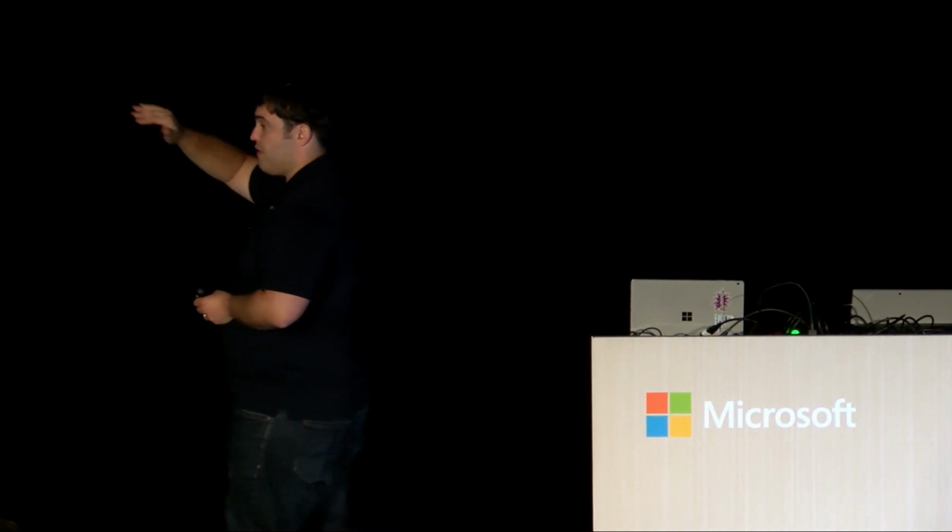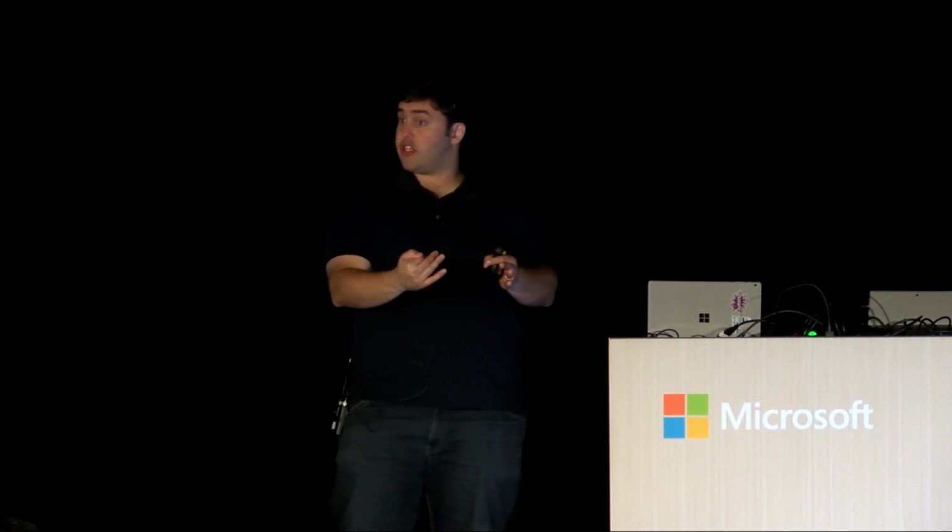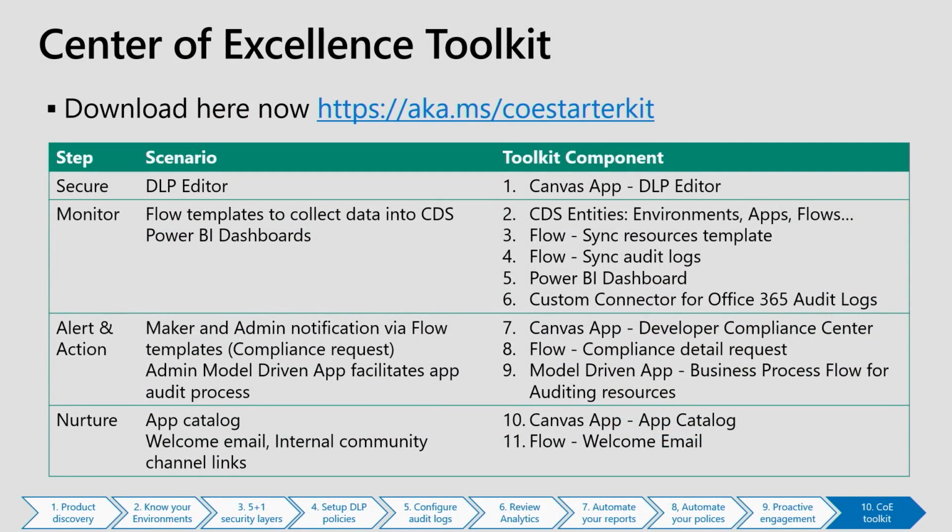They've pulled it into a single download that you can go pull down. I would suggest these are some of the more advanced scenarios that we've talked about. There's a flow here that has a custom connector to the Office 365 audit logs, those activity logs, and it pulls it into a CDS database that you are going to deploy.